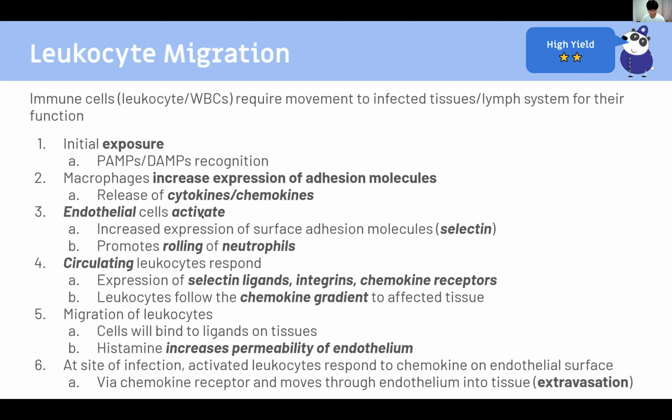Endothelial cells will activate, and what this means is they will increase expression of surface adhesion molecules called selectin and other things, but selectin is the most important one. And this will promote the rolling of neutrophils.